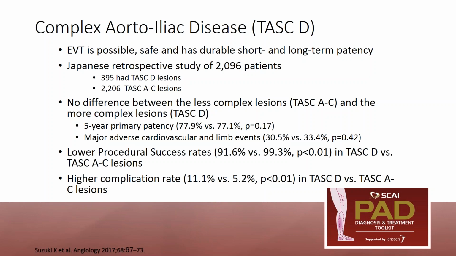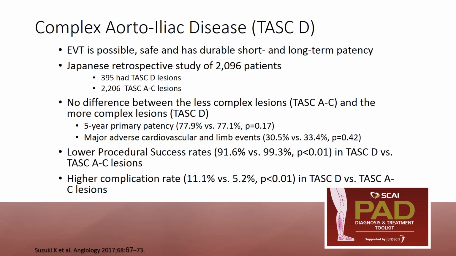Major adverse cardiovascular and limb events occurred about 1/3 of the time. Again, no difference if it was TASC-A through C versus TASC-D. However, TASC-D lesions are a little bit more challenging, and so you do have a lower procedural success rate, 91% versus 99%. That's underscoring how challenging this patient population can be.